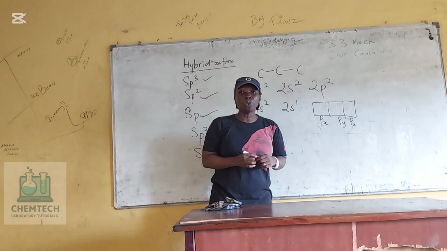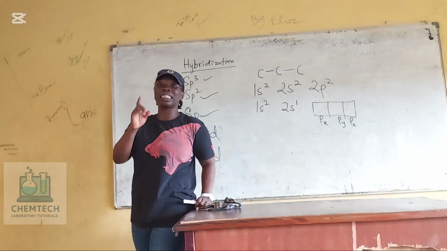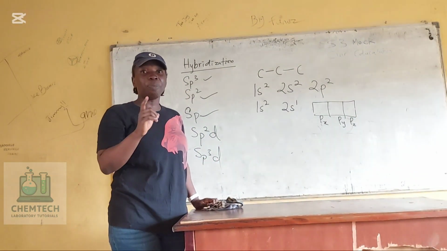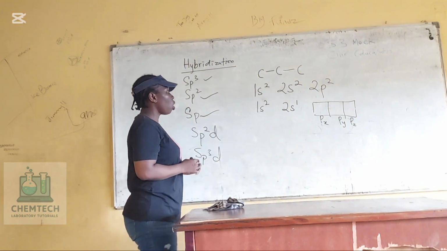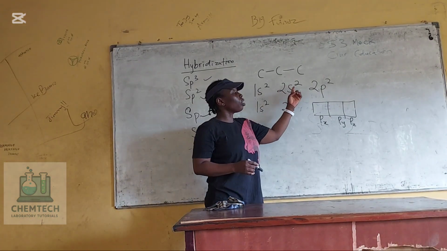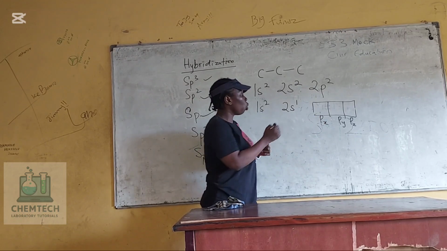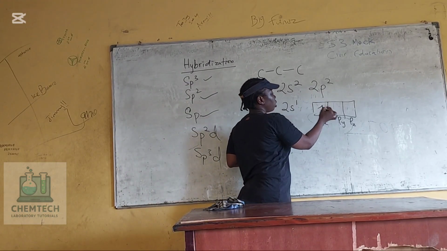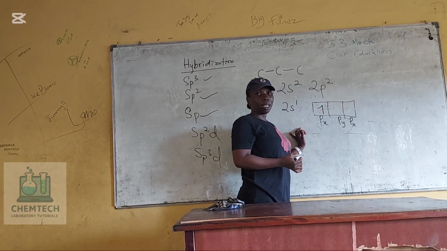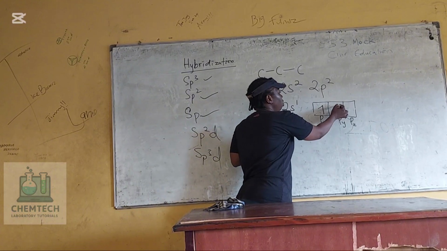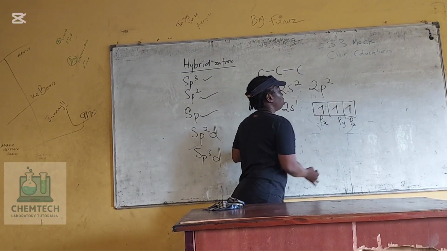Now, Hund's rule states that electrons are singly filled before pairing. Because of Hund's rule, one of the electrons at the s orbital will transport itself to occupy the p orbital as electrons are singly filled before pairing.